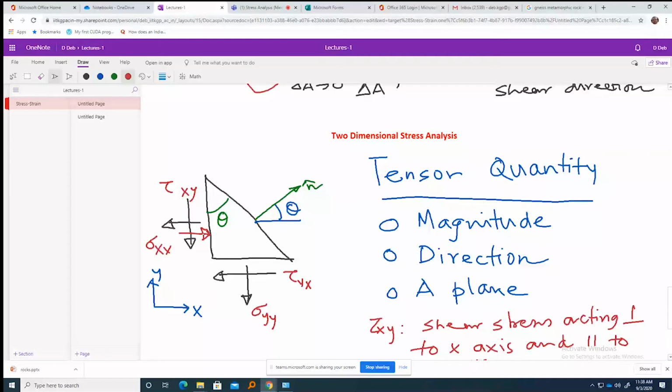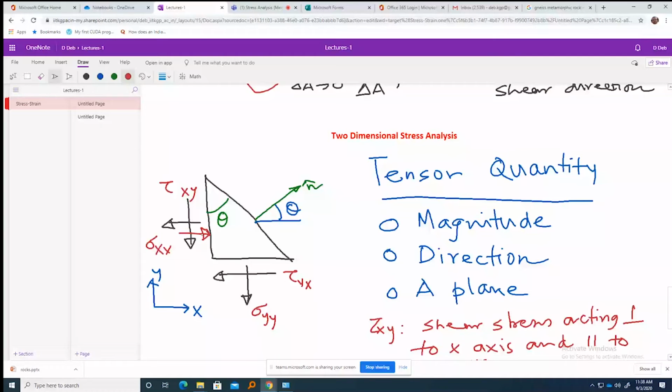So that's why in rock mechanics, compressive will be positive and tension will be negative. In this class, I will use this red one as positive, but in your solid mechanics class, they will say this one is negative. Do not get confused. That's why I am repeating this several times.